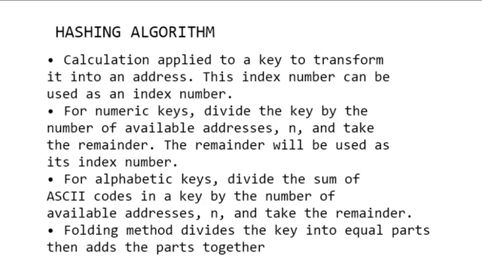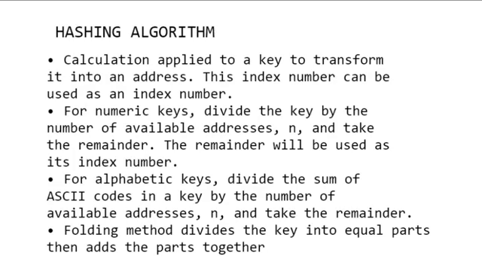For the multiplication method, the address is equal to floor(n(key × a modulus 1)), where a is any constant value between 0 and 1. The division method is much simpler than the multiplication method.